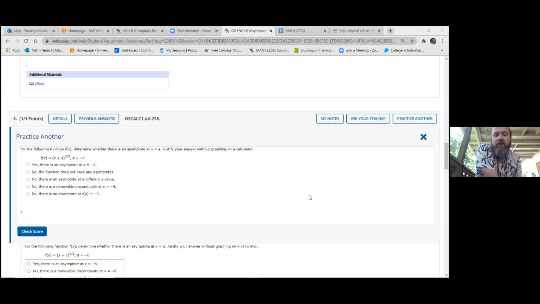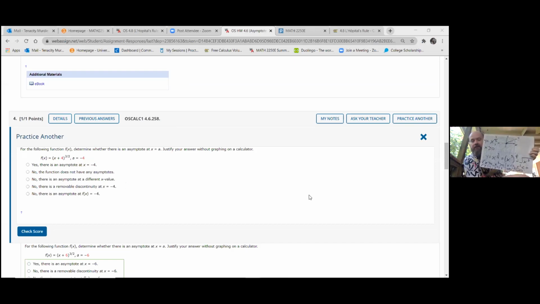At a equals -4, notice that x plus 4 to the 3/2 power, does that break the domain of something to the 3/2 power? If you put -4 plus 4 equals 0 inside this, is that going to change?